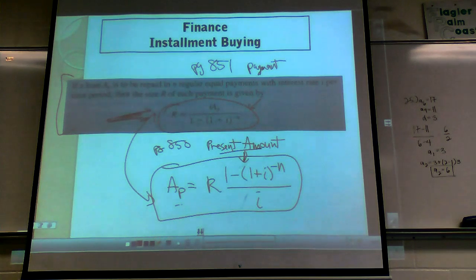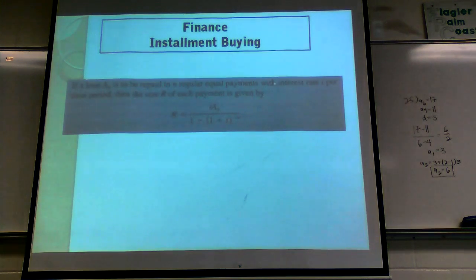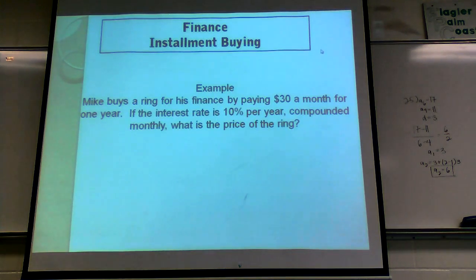All right, so the one example I'm going to do, as long as you got the numbers down, you can see the page number. This one here would be asking what's the price of the rent. I'm given how much I'm paying per month, and I'm given an interest rate.